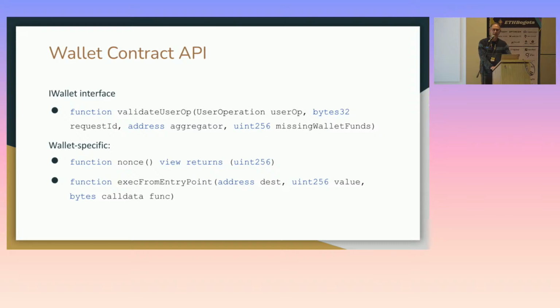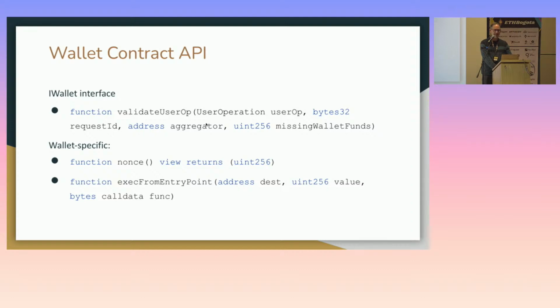What a wallet has to define. The API we provide specifies the function validateUserOp in the IWallet interface. This is the only function we mandate by its name on the wallet. It receives the entire user operation and the request ID, which is basically a hash of this user operation. This is what gets signed, and it needs to validate the signature.